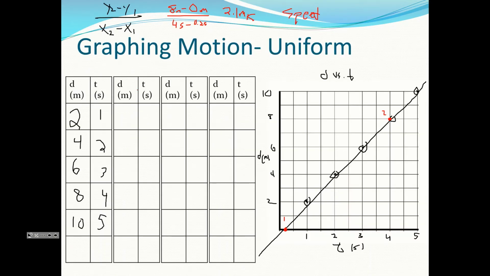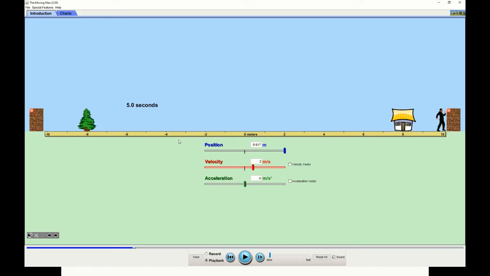So let's go back. That's what these other graphs here are for. I'm going to switch my color, and actually let's switch to blue, and we'll make our moving man do something else. So we'll clear this.